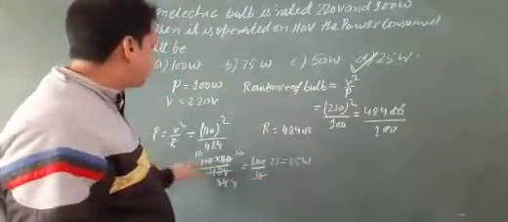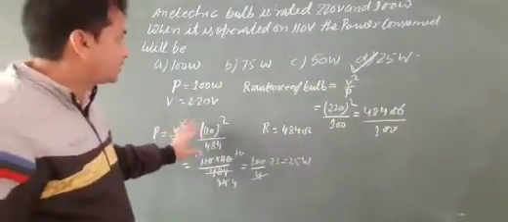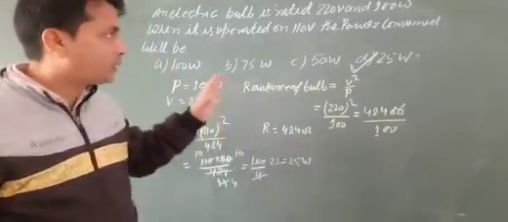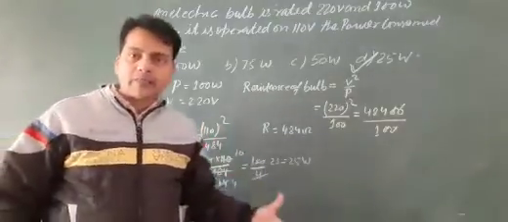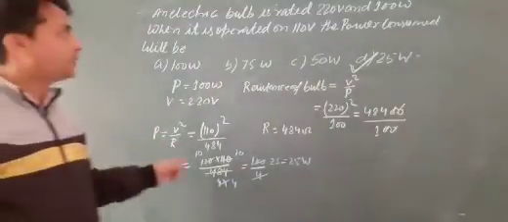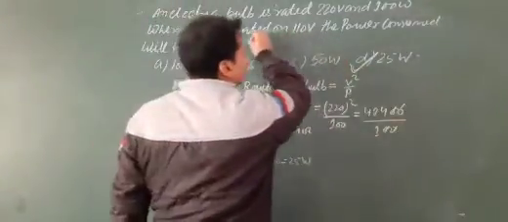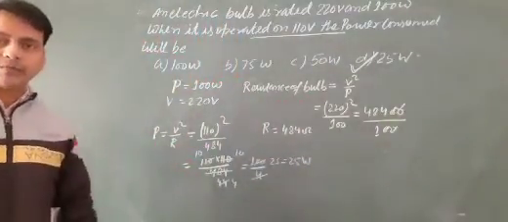Then the power consumed by the bulb is V square by R, and the potential difference is 110 volt, so 110 square by 484. The power of the electric bulb when the voltage is 110 volt is 25 watt.